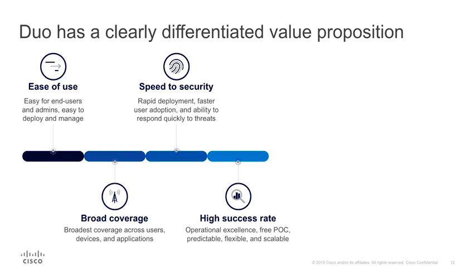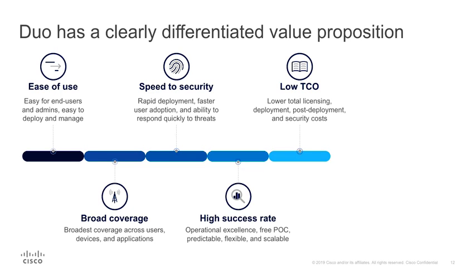4. High success rate. Duo helps deliver operational excellence with simple, flexible, and scalable security options, with fewer hurdles to deploy and manage than other solutions. Duo also offers a free POC to customers, with the test deployment often remaining as the operational deployment in the environment. 5. Lower TCO.